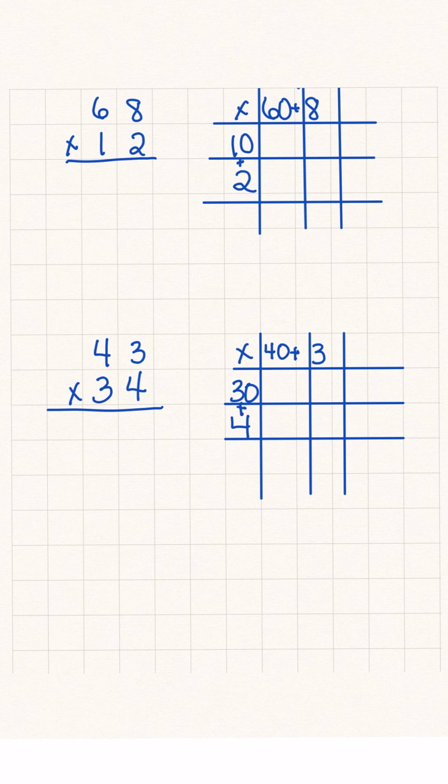So let's try this one again together. So we go 2 times 8, then 2 times 6. 2 times 8 is 16, carry the 1. 2 times 6 is 12, plus 1 is 13. This is in the tens place.